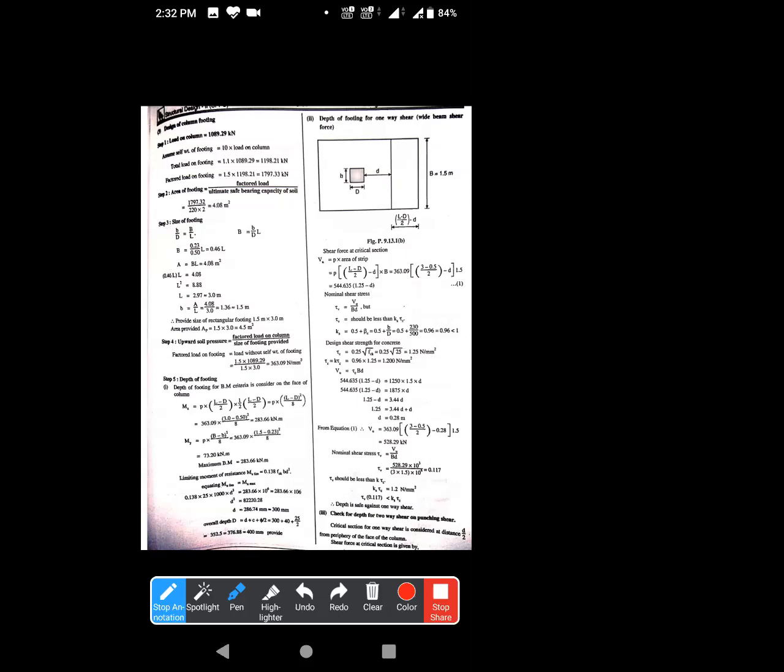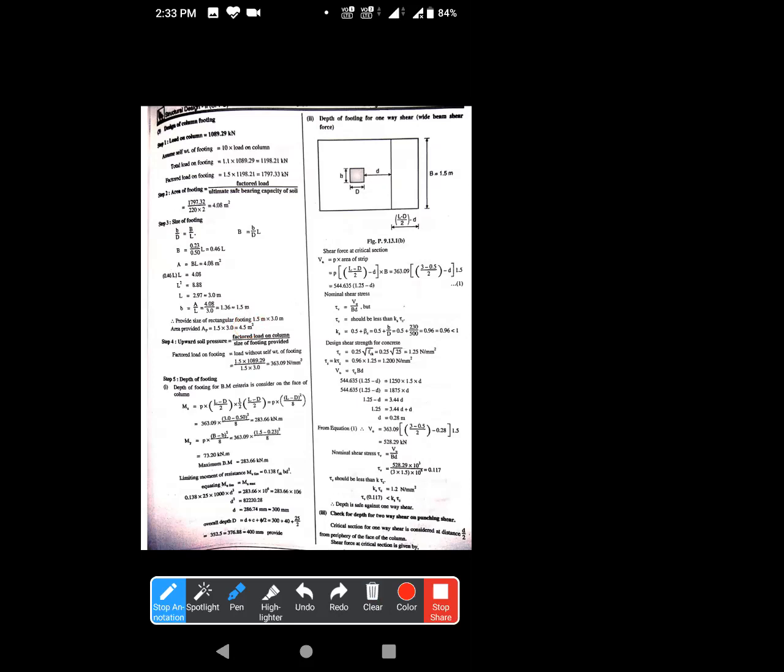B is 0.46 times of your L, which gives the length of your footing as 3 meter, and the width of your footing as 1.5 meter. Now provide the size of rectangular footing. This type of footing is rectangular footing, that is 1.5 meter by 3 meter, and the area is 4.5 meter square.